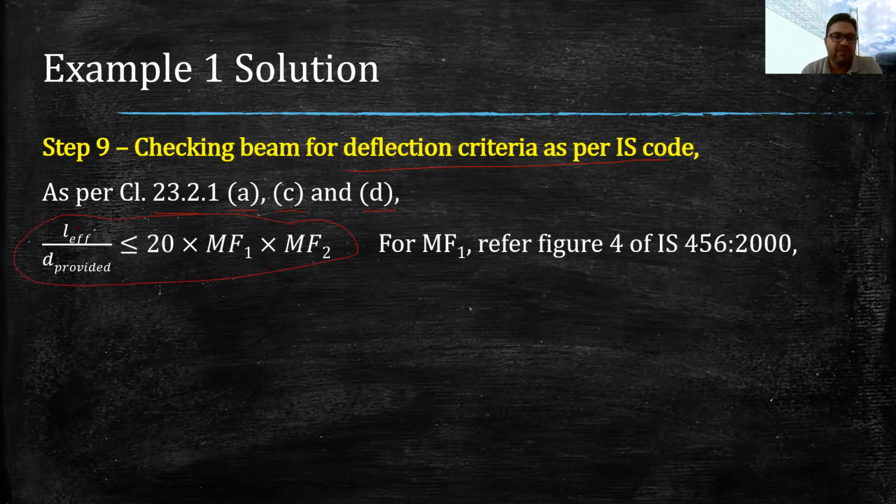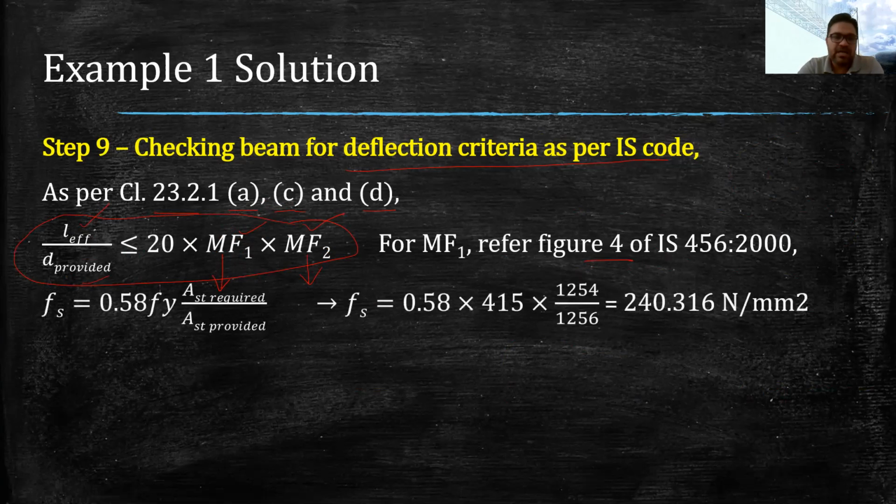In this, L effective is the effective span, D provided, MF1 and MF2. MF1 is dependent on figure 4 and MF2 is dependent on figure 5. MF1 is for the tension reinforcement and MF2 is for the compression reinforcement. First we will find out MF1.